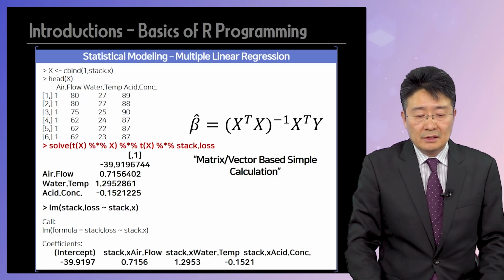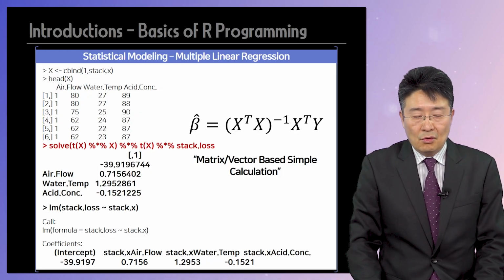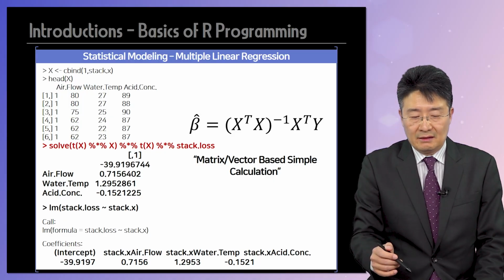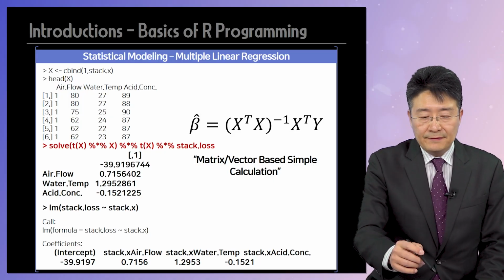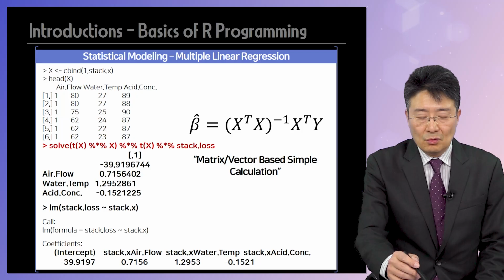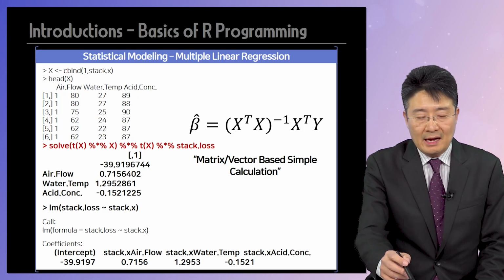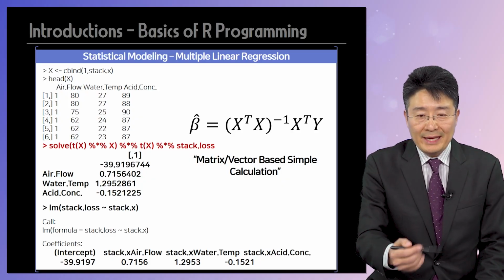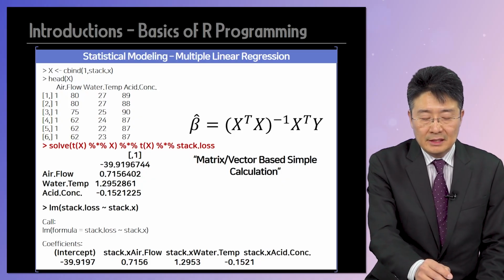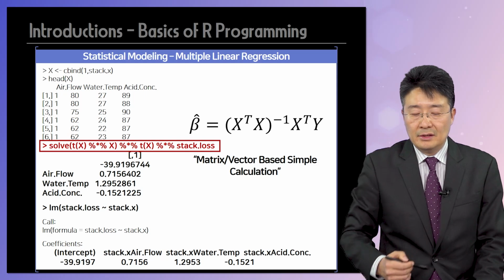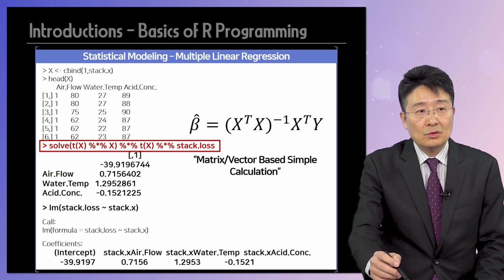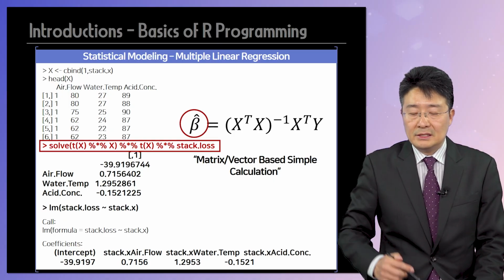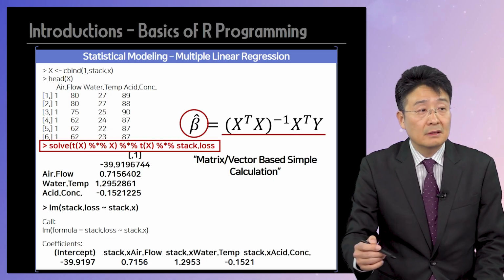There is an example of multiple linear regression in R. We can define matrices or data sets first in R, and then we can do the matrix calculations in R. In order to estimate the coefficients of the multiple linear regression, we can use this formula.